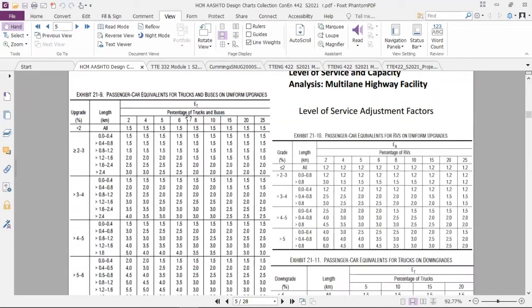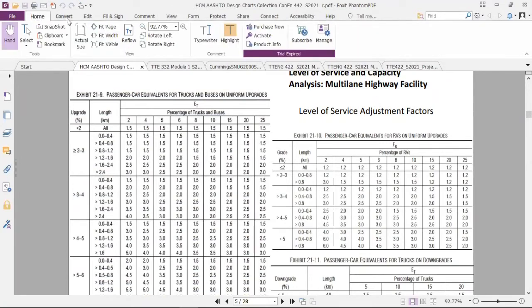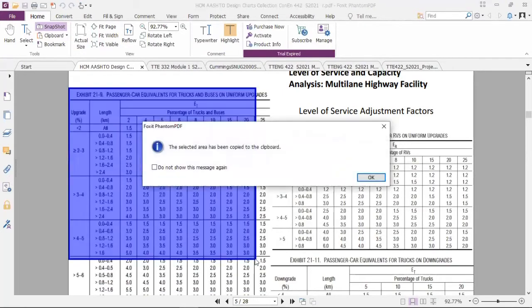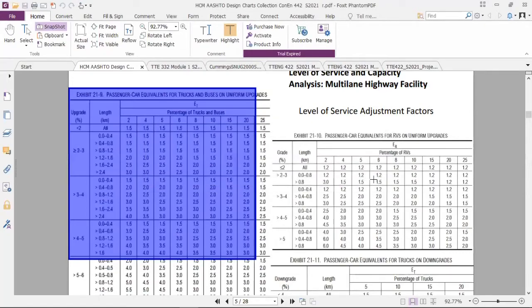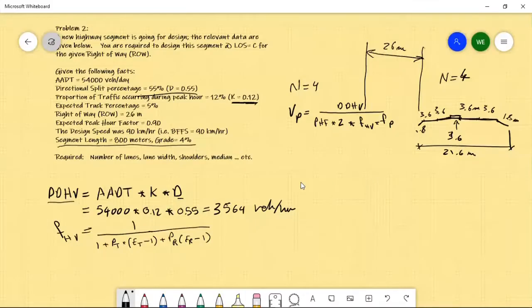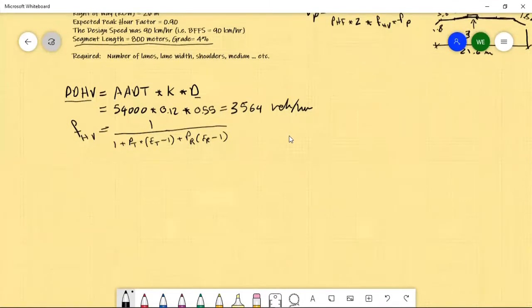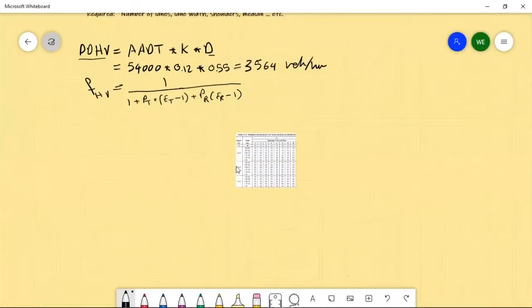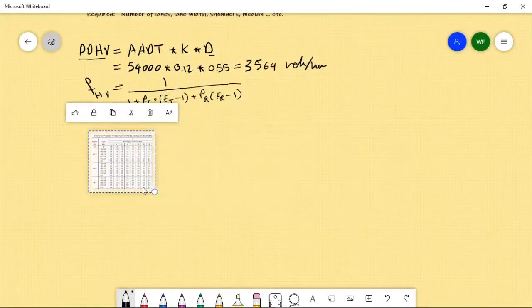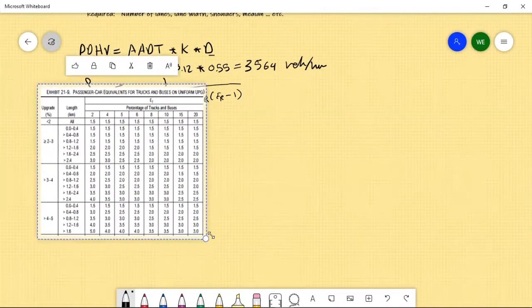Let me take a snapshot of this table so we can work with it easily.